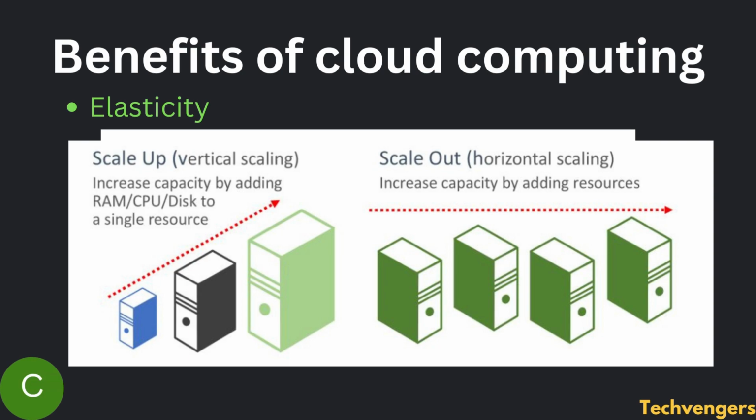When there is no requirement, you can just leave it and it will come back to normal. So cloud elasticity gives you the flexibility to change your resources, increase or decrease, grow and shrink them according to your requirements and business needs. And that's exactly what elasticity means in cloud computing.